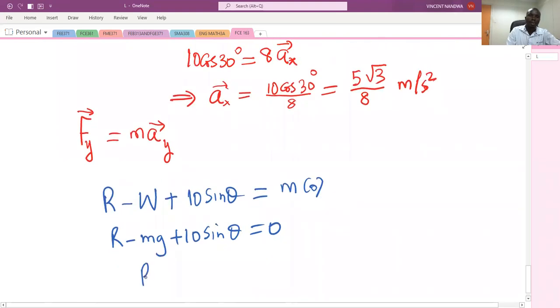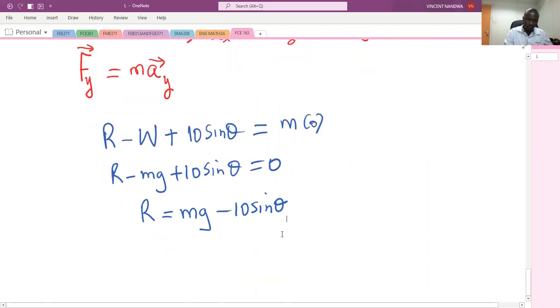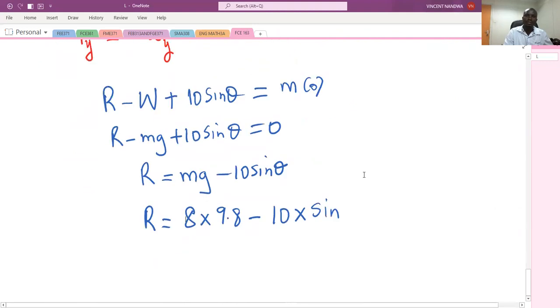And then R will be mg minus 10 sine theta. When you work this out, R equals mass 8, g is 9.8, minus 10 times sine of the angle, which is 30 degrees.